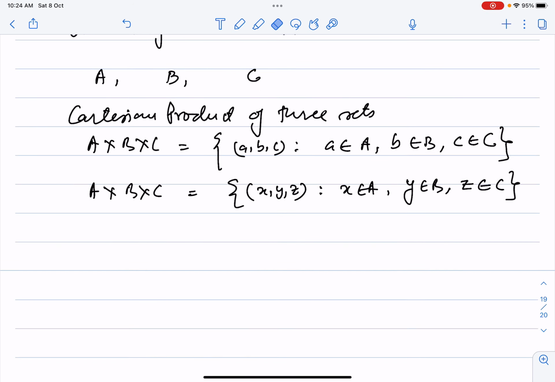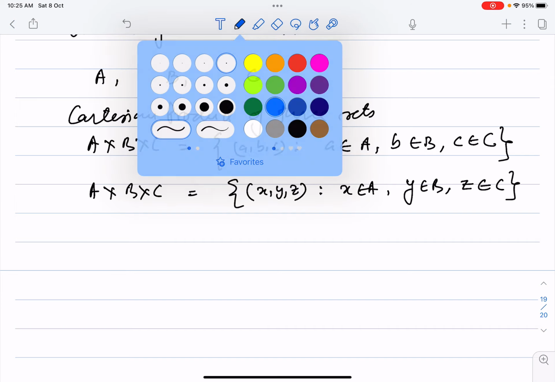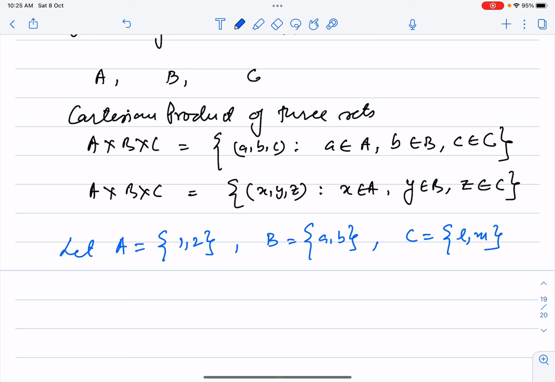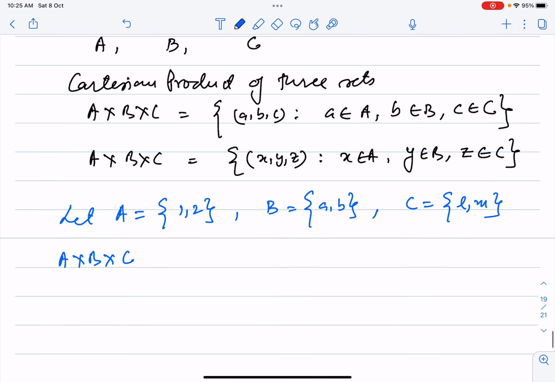Suppose A is equal to {1, 2}, B is equal to {a, b} and C is equal to, suppose, {l, m}, right? And I want to find A cross B cross C. So what is the best method? First you find A cross B and then you cross it with C.